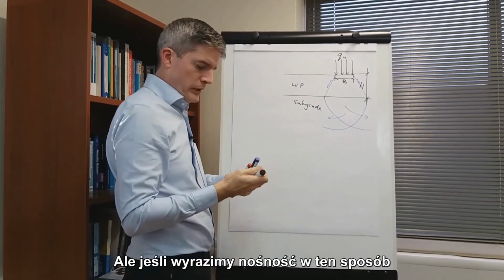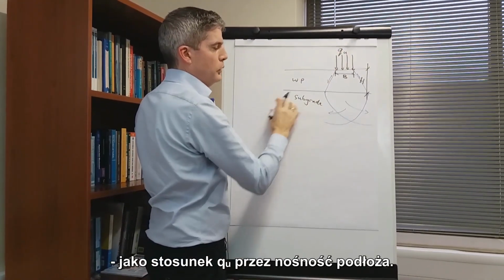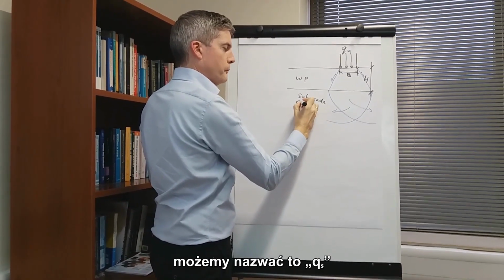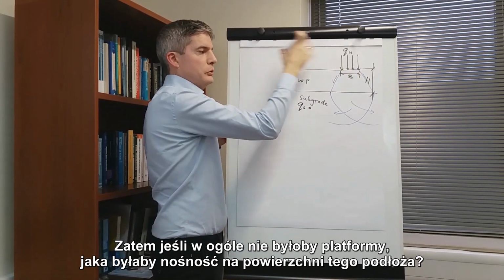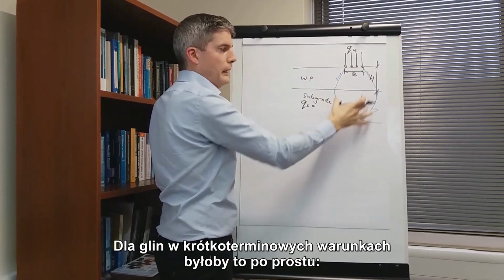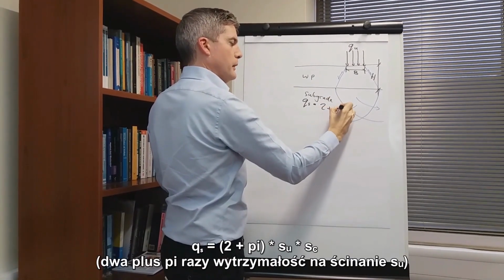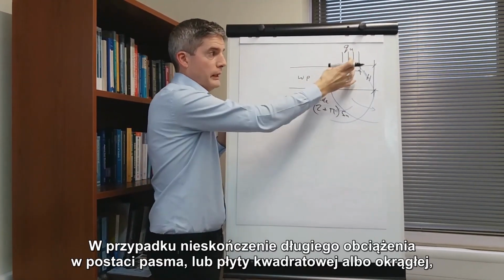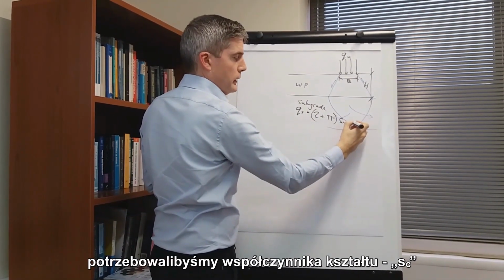But if we express the bearing capacity as a ratio QU over the bearing capacity of the subgrade, which we call QS, so if there was no platform at all, what would be the surface bearing capacity of that subgrade? For a clay, in short-term conditions, that would simply be 2 plus pi times the shear strength SU, for an infinitely long strip.